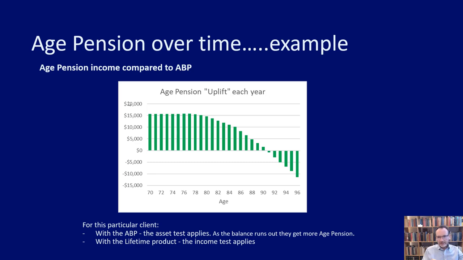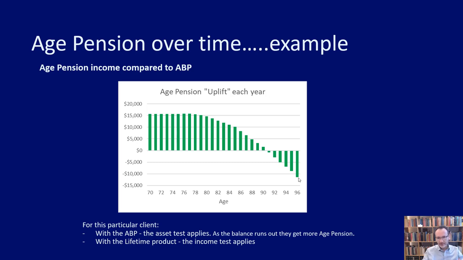As he gets older, the way these tests work can change. So here, this chart shows the uplift each year. As I said, he's getting about $16,000 more age pension in the first year if you put it in the lifetime income product, and that relative uplift stays the same for quite a while, but gradually the extra age pension he gets from the lifetime product gets less and less, and then if he lives past 91, his age pension would actually be a little bit lower from the lifetime product than it would if he used the account-based pension.